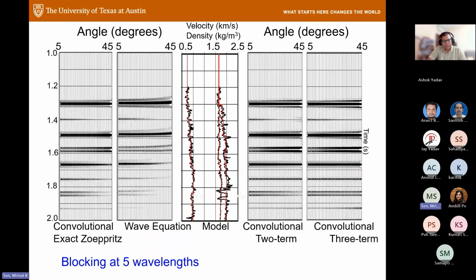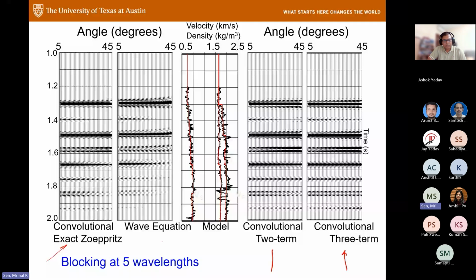So again, I'm now blocking it into 5 wavelengths. The layers are finer, and you can see the differences are becoming more and more pronounced. The 2-term and 3-term are quite a bit different. These two sections are quite a bit different from what you get from exact Zoeppritz and from the wave equation.